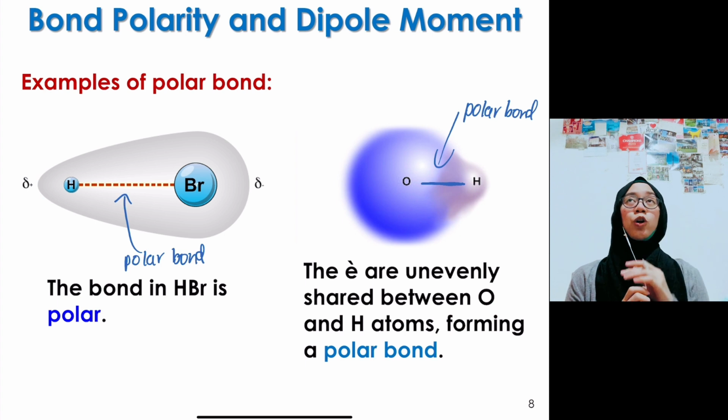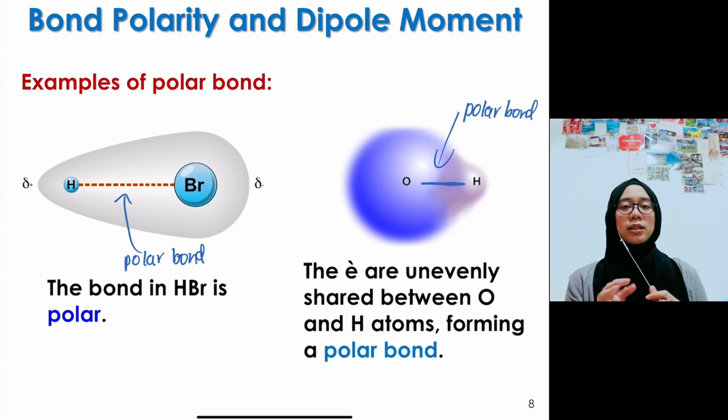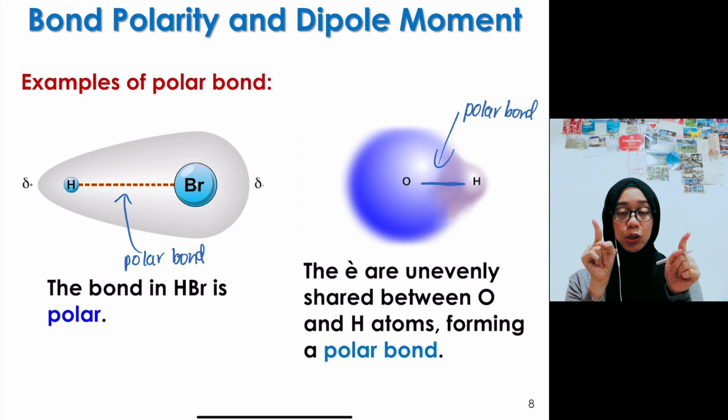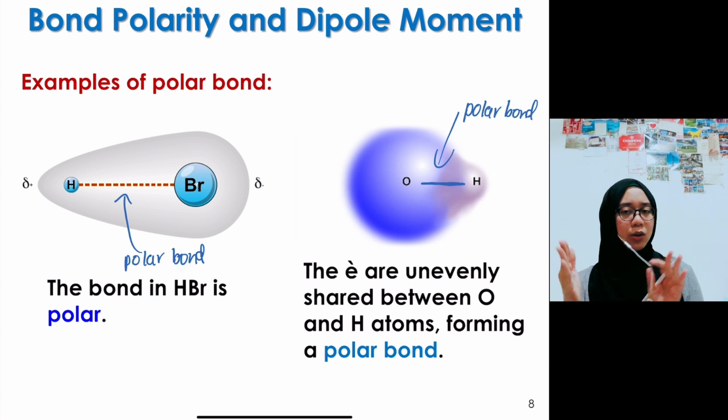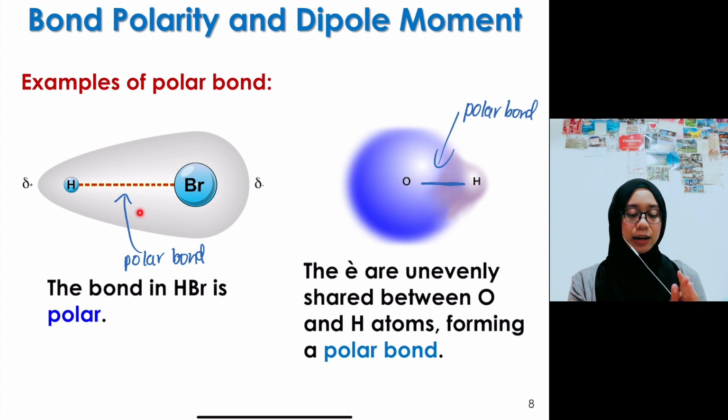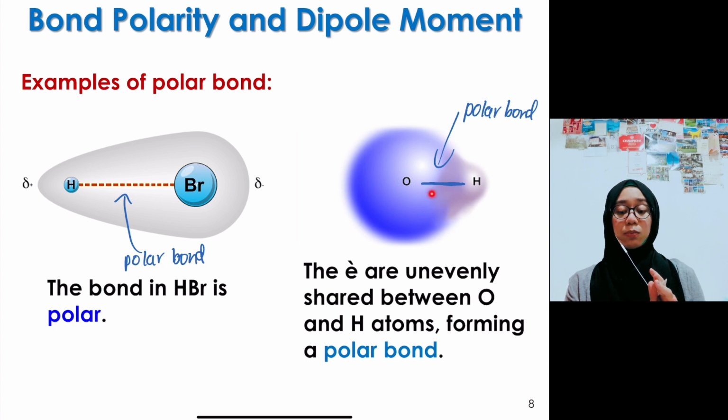Basically cara senang kita nak figure out adalah bila ada dua atom together but they have different electronegativity, automatically the bond between the two atoms is said to be a polar bond. Kita ada hydrogen, bromine, dua benda berbeza, polar bond. Dan kita ada oxygen dan hydrogen, dua atom berbeza, so bond antara dua orang pun adalah polar bond.